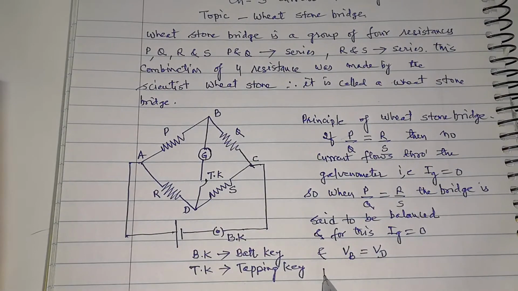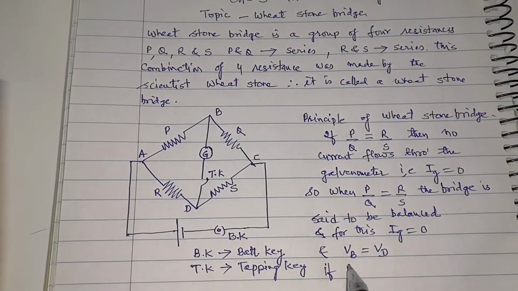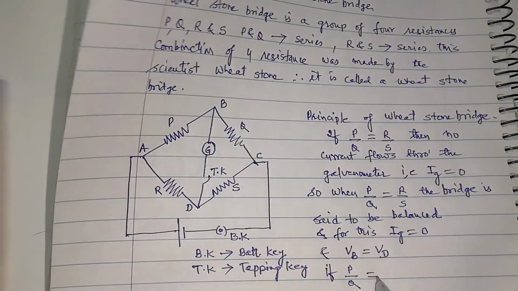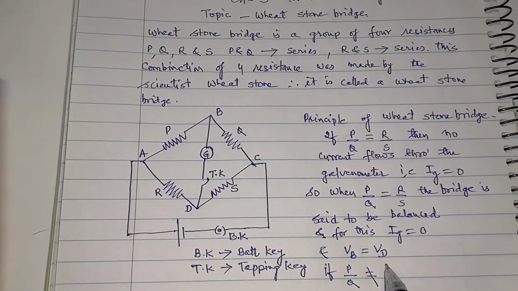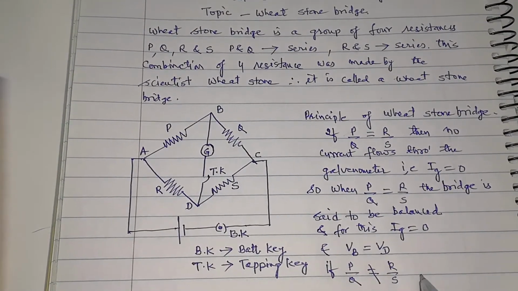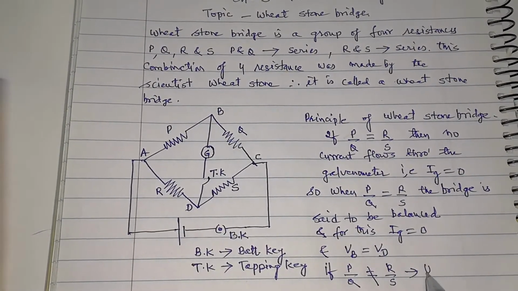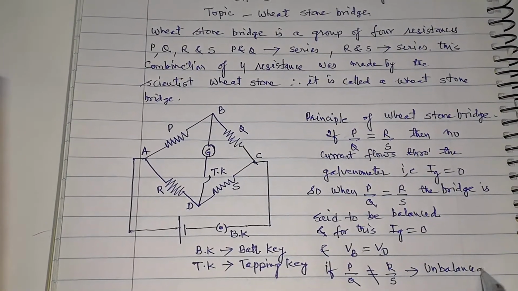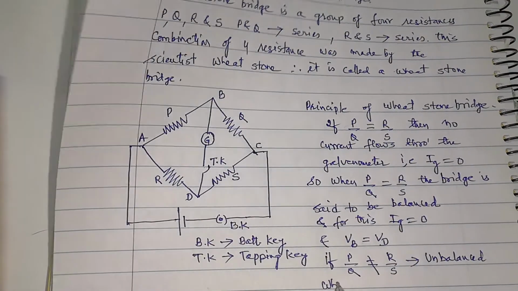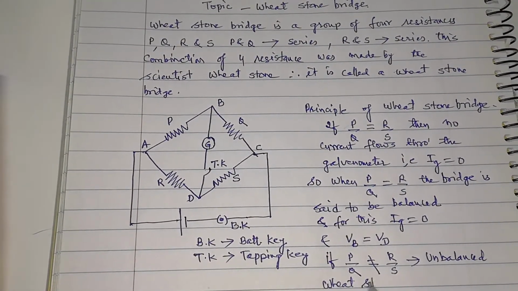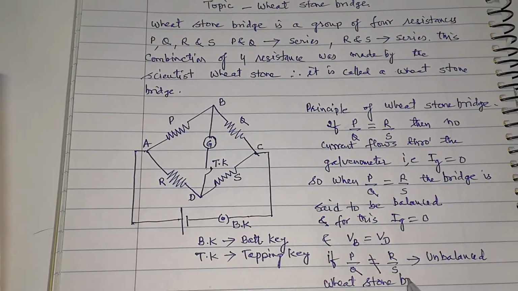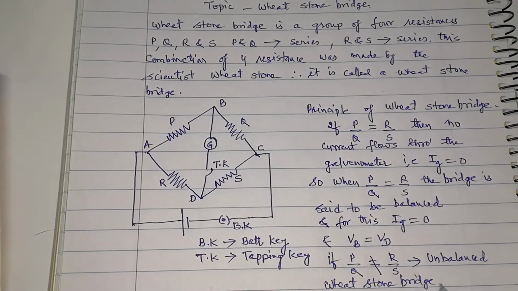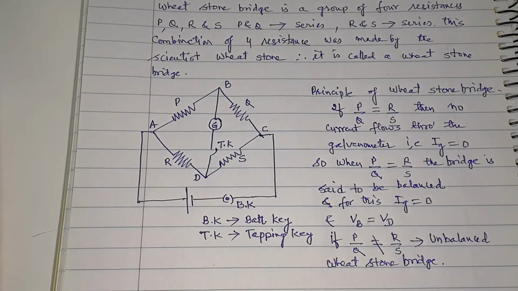But if P upon Q is not equal to R upon S, then this is called the unbalanced Wheatstone bridge.